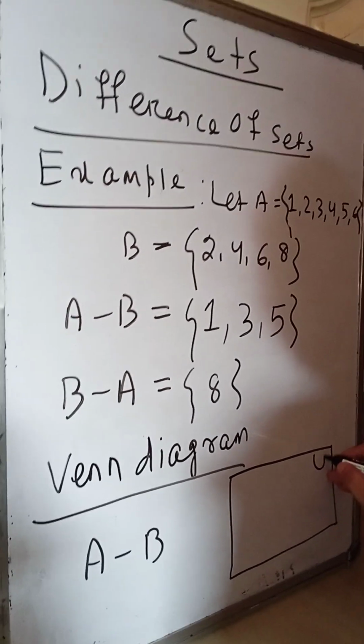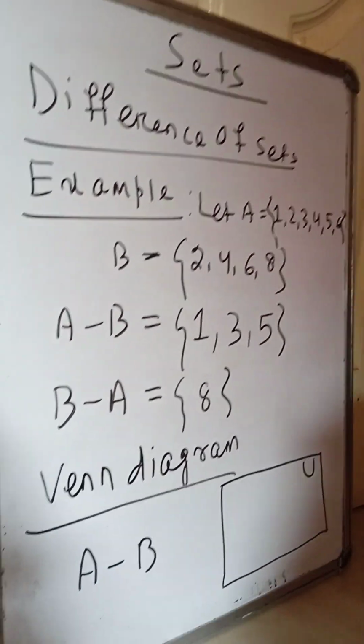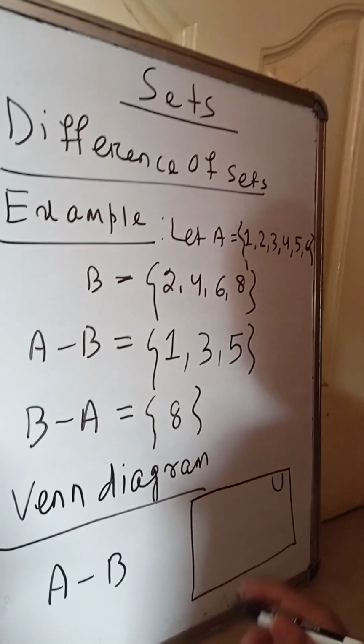As you know, in a Venn diagram, your universal set is U, which is represented by a rectangle.